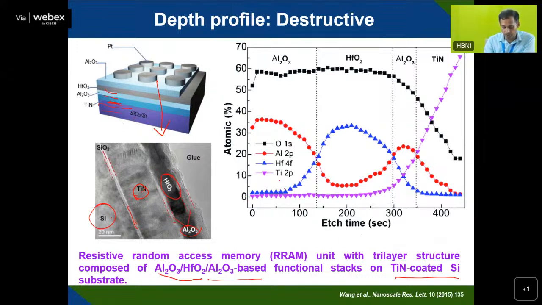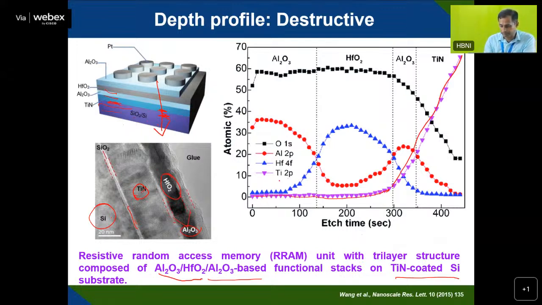Initially, up to a certain depth, there is no Ti detection, zero. Once you reach this Ti layer here, you can see an increase in titanium nitride. So the bottom layer is titanium nitride, and on that surface you have Al2O3.